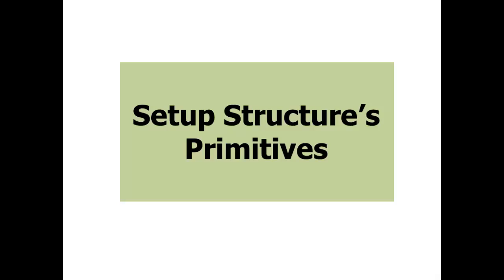The last step in this setup process is to set up the structure's primitives before running the whole simulation. In this step, we have to define our physical and non-physical structure primitives.